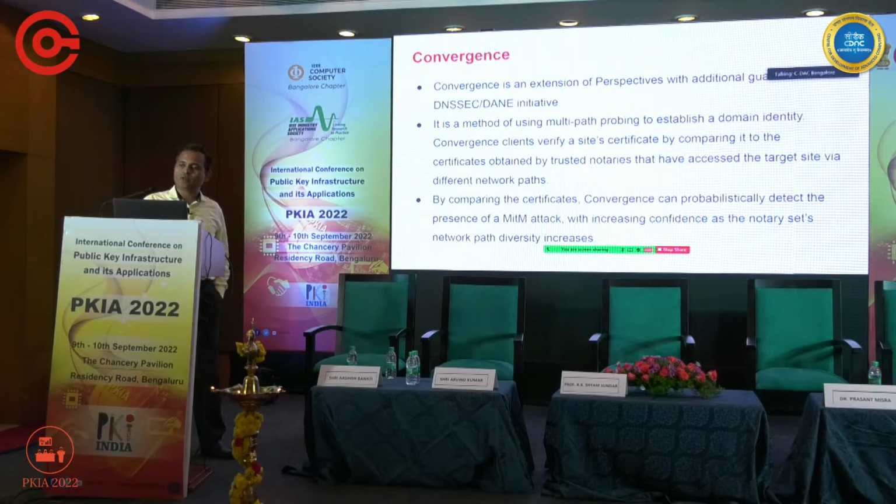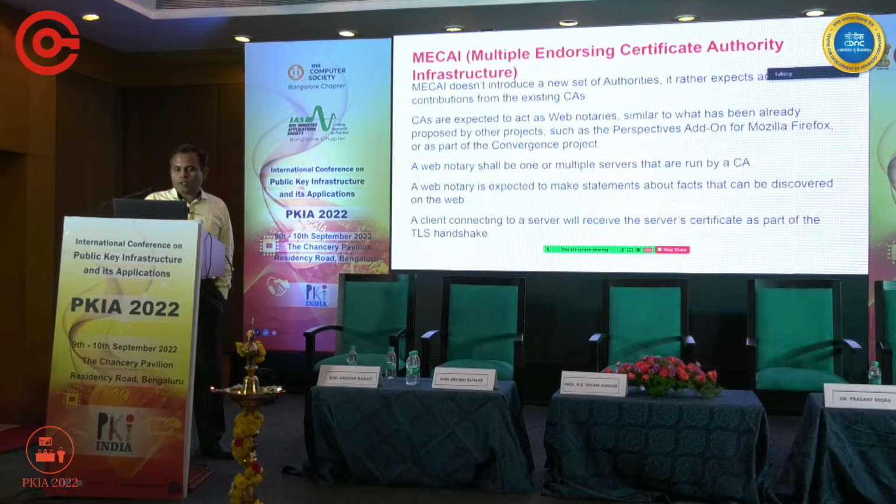Convergence is an extension of Perspectives with the help of DNS or DNSSEC. And this is the one which got converted into the Certificate Transparency initiative. Its full form is Multiple Endorsing Certificate Authority Infrastructure, which is nothing but Cloudflare, Google, DigiCert opening up their databases and listing append-only certificates to tell the world which certificates have been issued, amended or revoked.